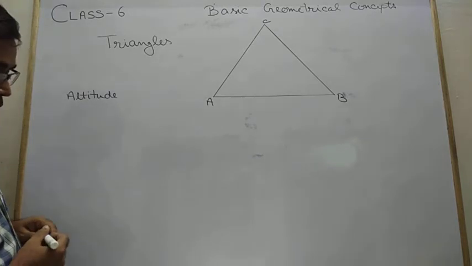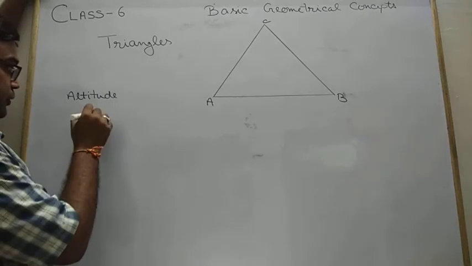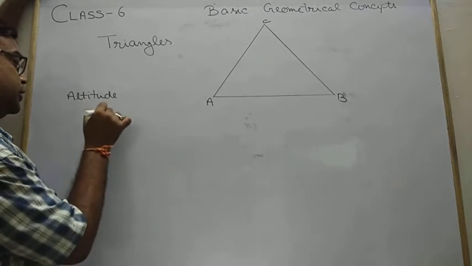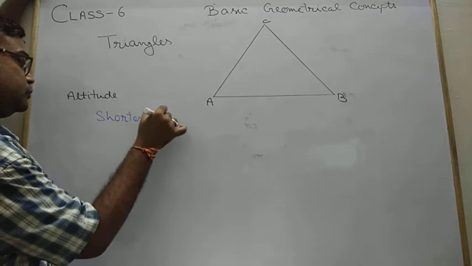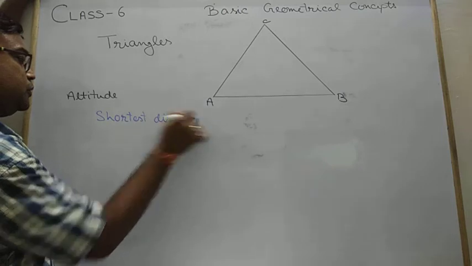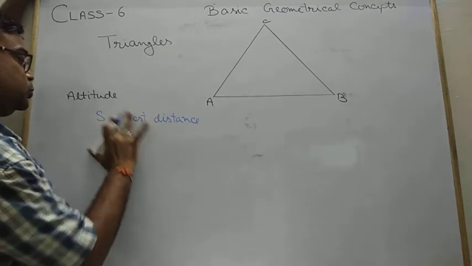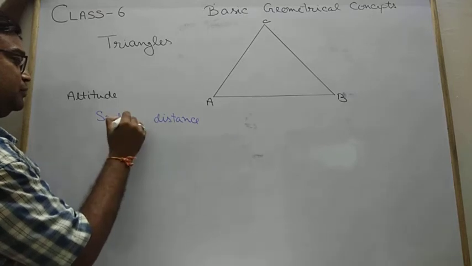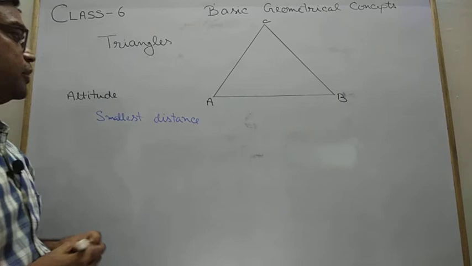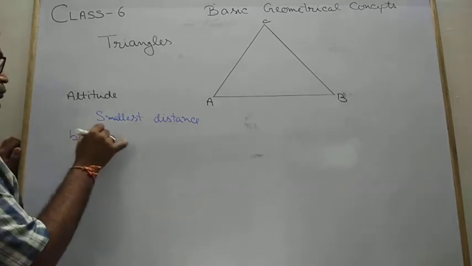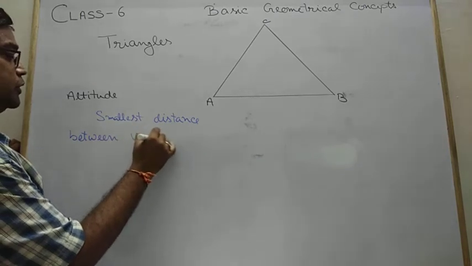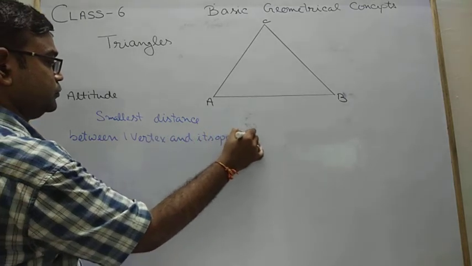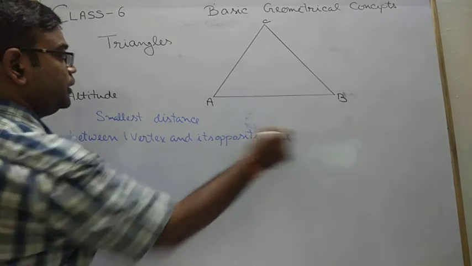The shortest distance between a vertex and its opposite side is known as the altitude.